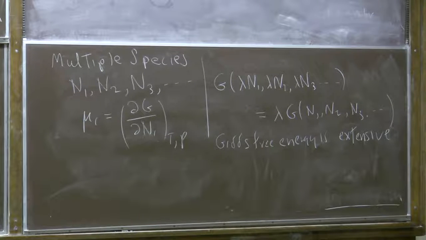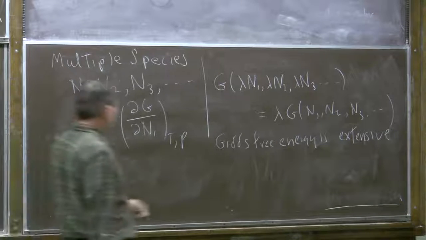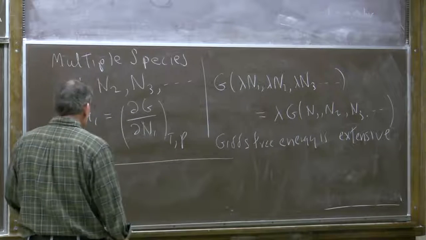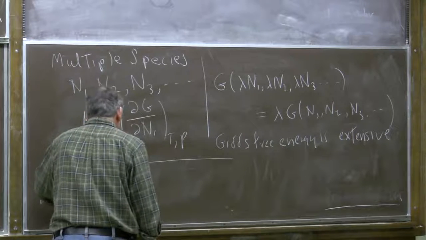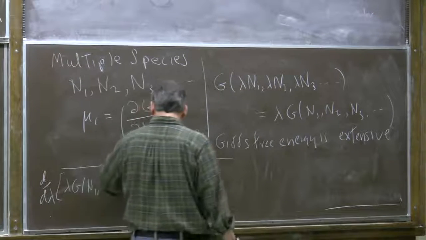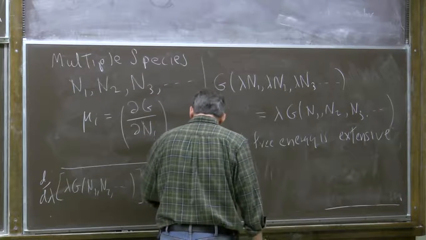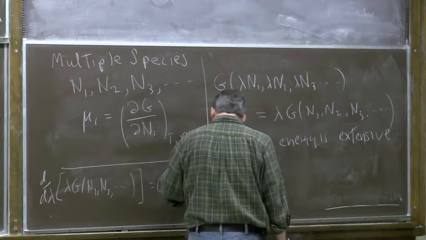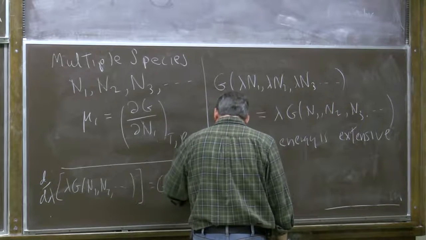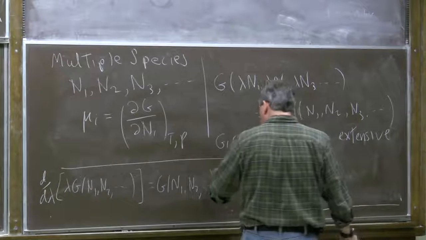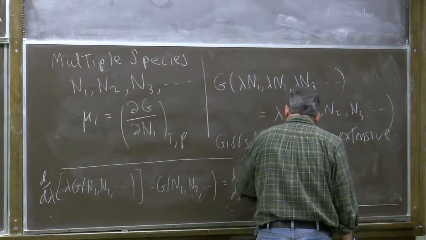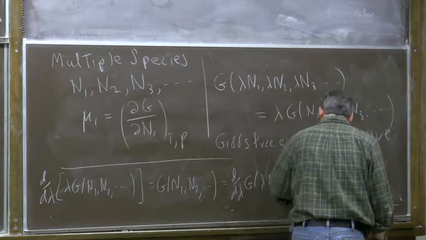So I can differentiate both sides of this equation with respect to lambda. Now d d lambda of lambda times G of N1, N2, etc. is just G of N1, N2, etc. And that's equal to d d lambda of G of lambda N1, lambda N2, etc.